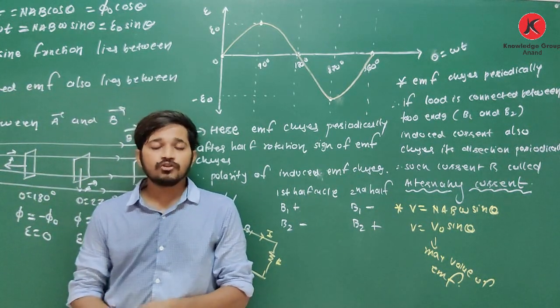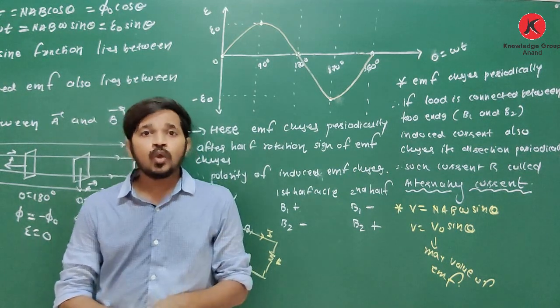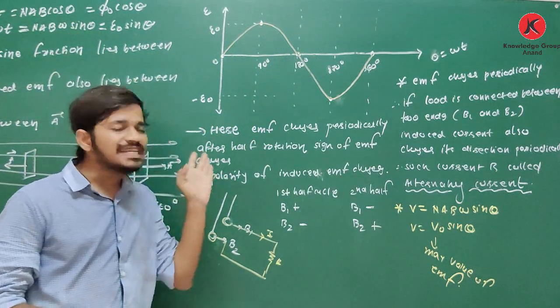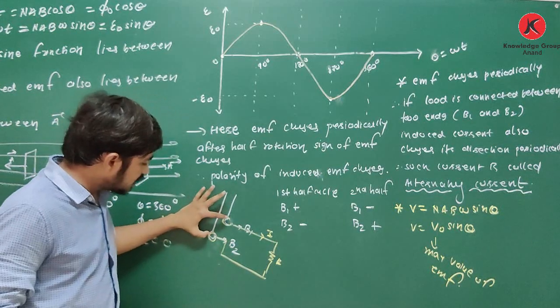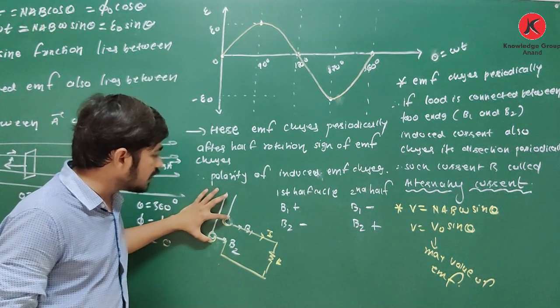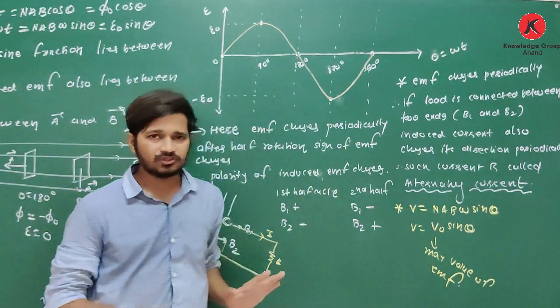Clear about this? In the next chapter, chapter number 7, we will start from this basic. What is alternating current? Alternating current means due to change in polarity of the source, the direction of current changes continuously.